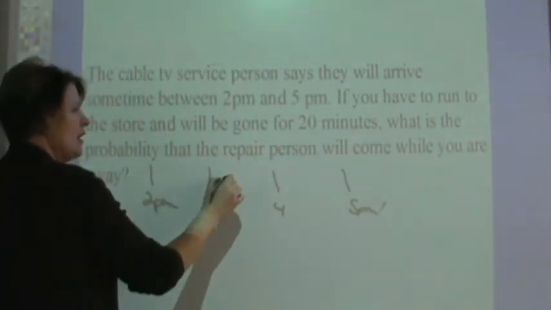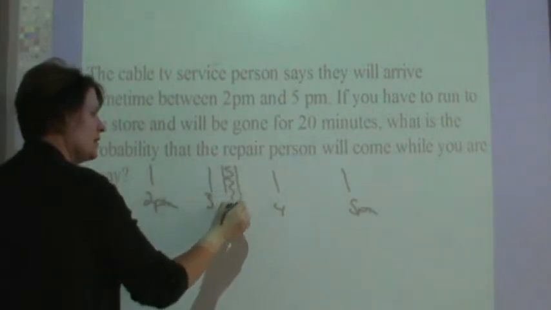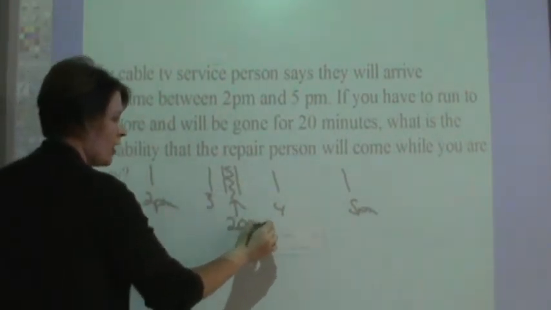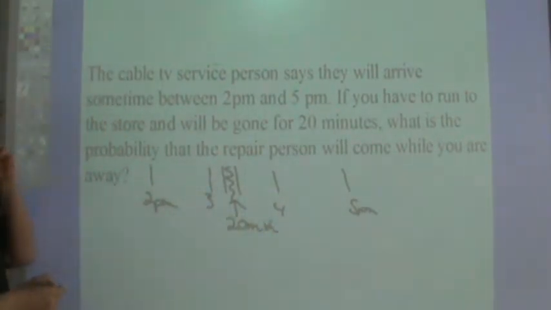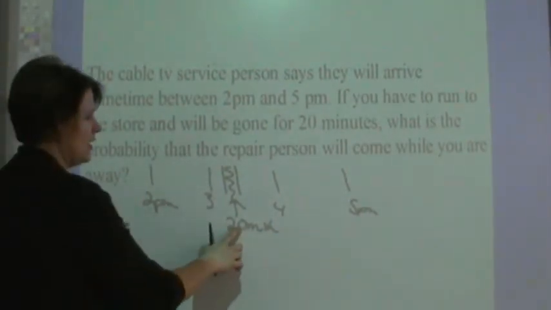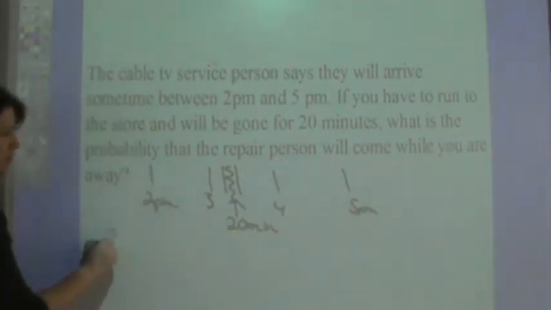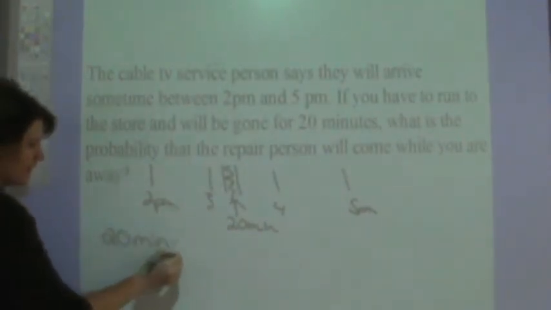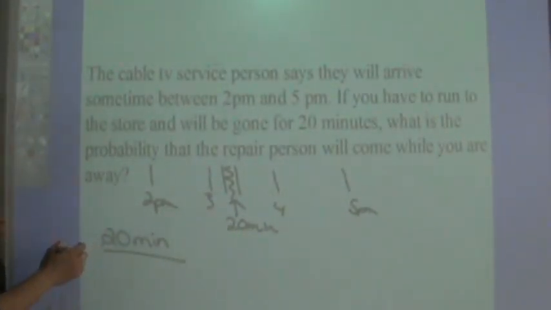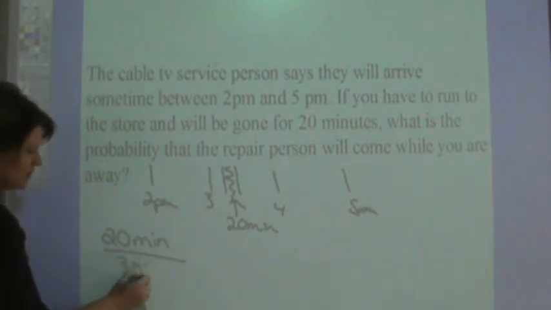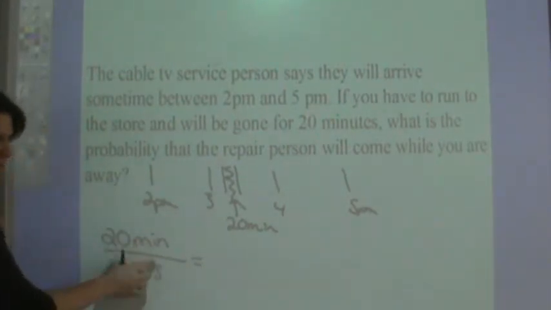And we want to know, if we leave for 20 minutes somewhere in between there, what's the probability that the guy's going to come? So you take your 20 minutes out of the total. So 20 minutes out of the total, which was 3 hours. Now my problem here is that I have different labels, so I either have to change them both to hours or both to minutes.